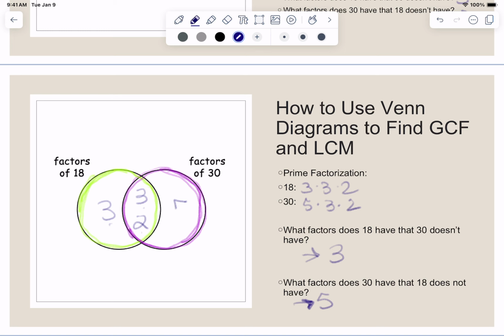So I'm going to put my 5 over here. And when I look inside my purple circle, I can say 3 times my 3 times my 2 and my 5. Well, I multiply those together and I'm going to get 30. Okay, so I've filled in my Venn diagram so that I can start using this to figure out what my greatest common factor and my least common multiple is.